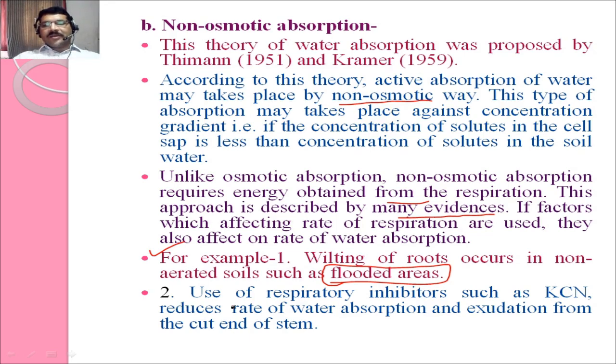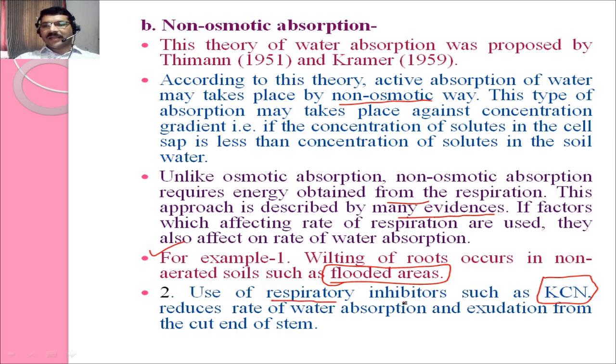Second, use of respiratory inhibitors such as KCN reduces the rate of water absorption and exudation from the cut end of the stem. KCN is a respiratory inhibitor. If such respiratory inhibitors are applied experimentally to any plant, they affect the rate of respiration.